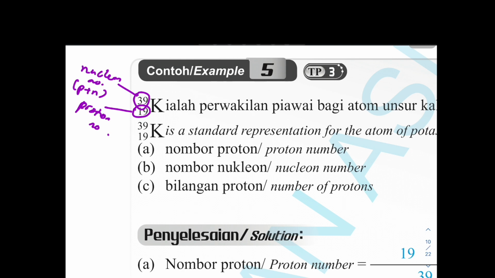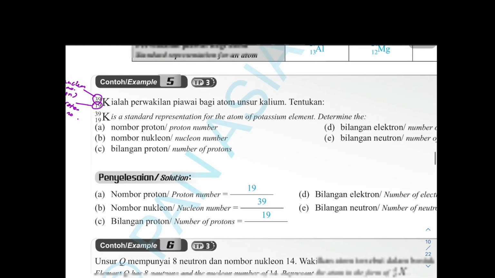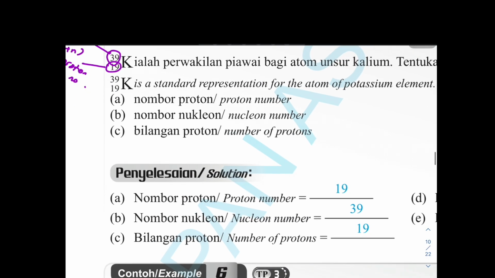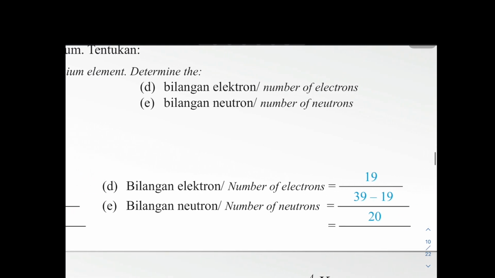Nucleon number is equal to P plus N. From this example, we know that the proton number is 19, nucleon number is 39, number of protons is 19. So number of electron is 19.